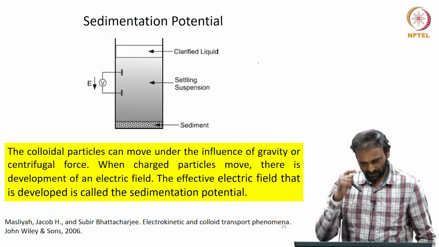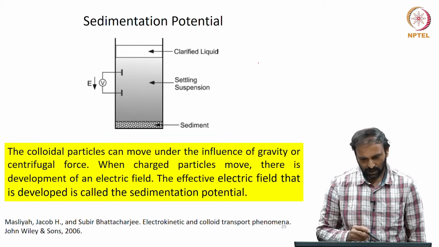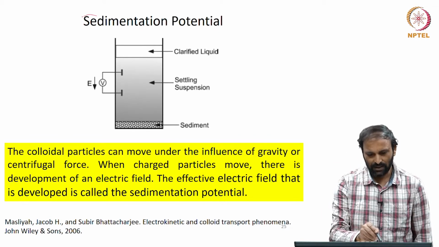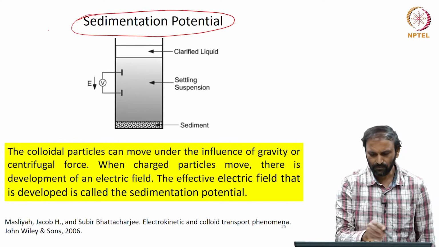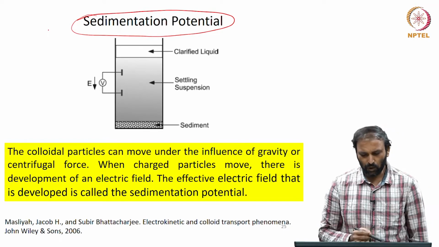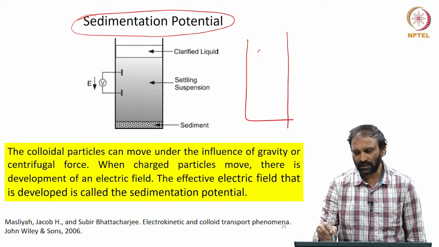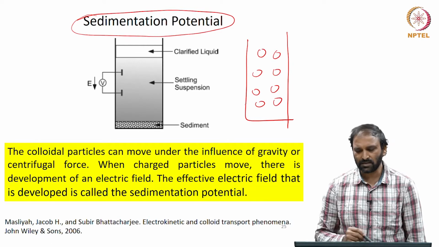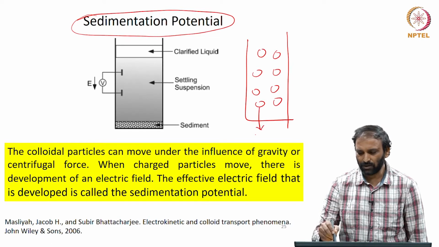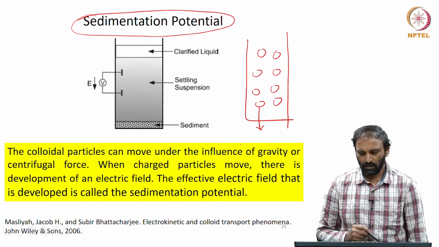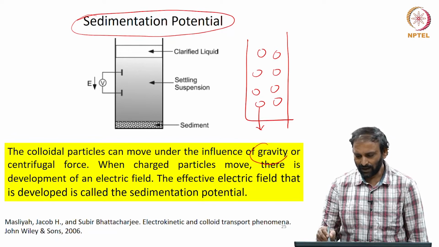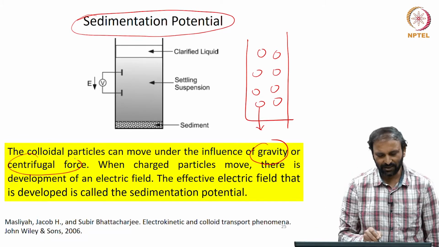The last of the electrokinetic techniques is called sedimentation potential. We know that if you have a system that contains particles, these particles can sediment to the bottom of the container either because of gravity or centrifugal force.